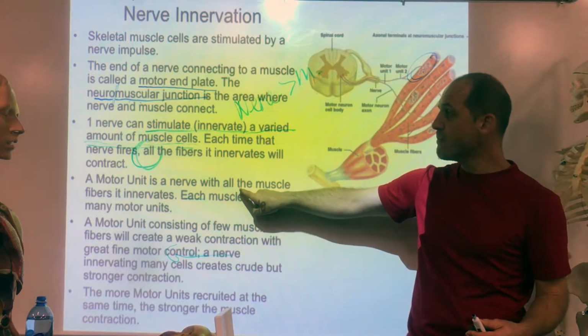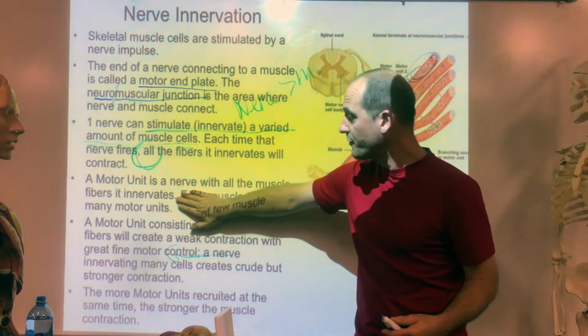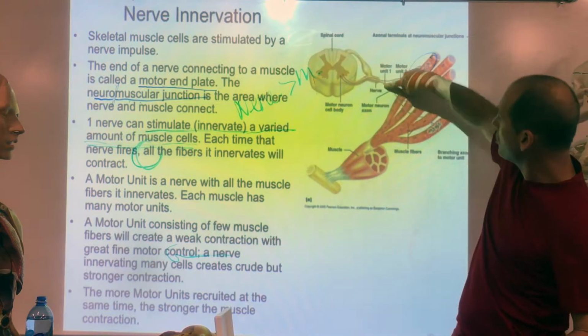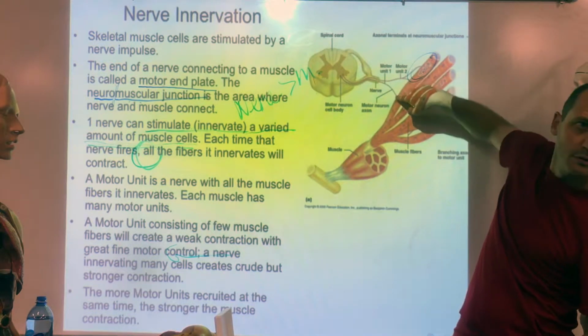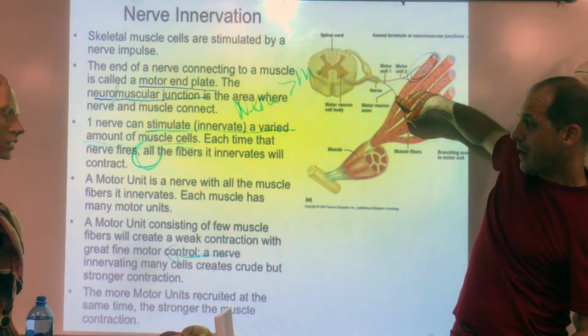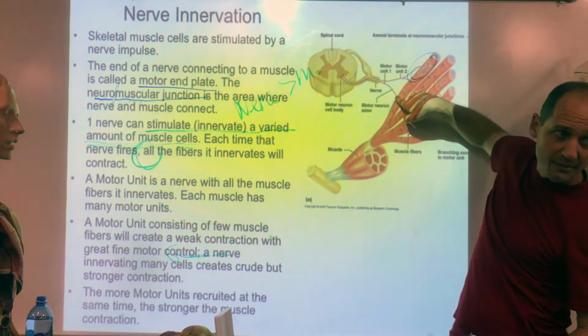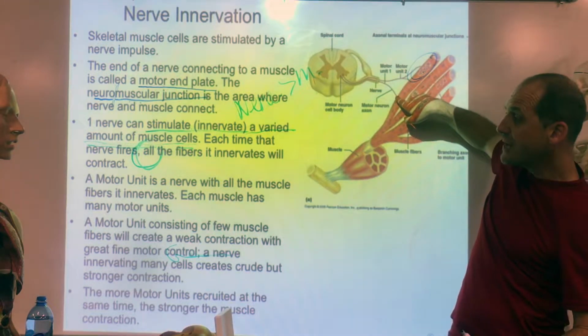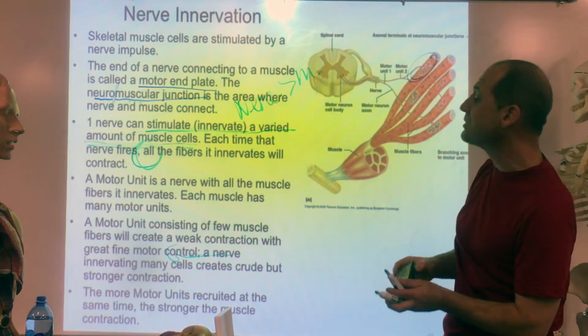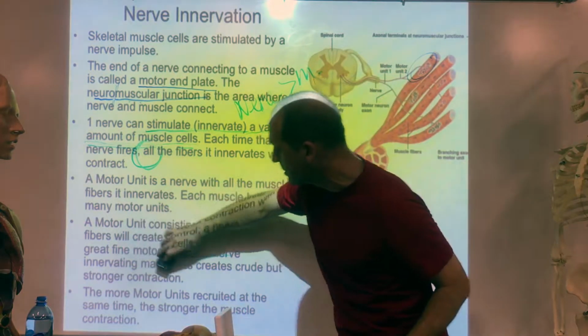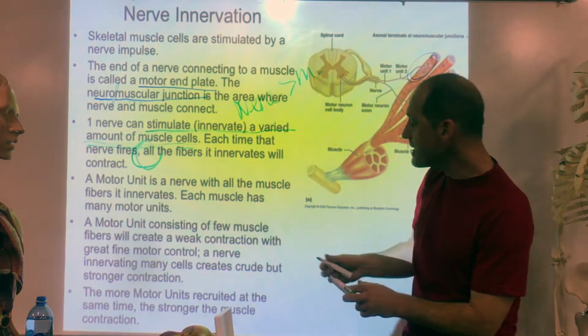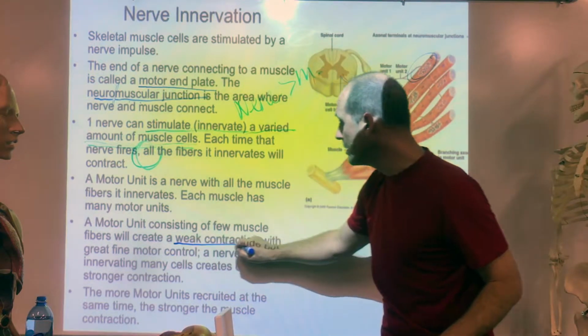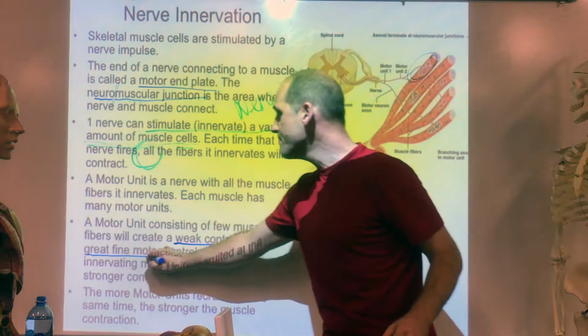So when you see the word motor unit, you think of the one nerve going to all the different muscle fibers. And each muscle has many motor units. But now the interesting thing is, if you have a motor unit that consists of a few muscle fibers, we can create a weak contraction but incredible fine motor control.